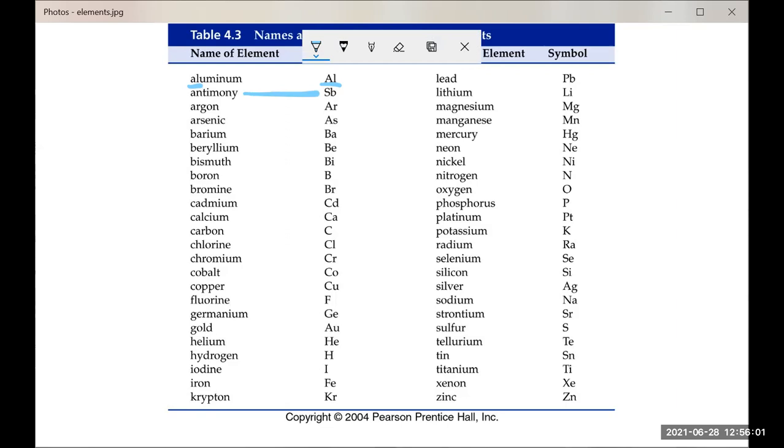Argon, Ar, that's pretty common. Arsenic, As. Barium, Ba, beryllium, these are not surprising. Bismuth, boron, bromine. But when we get down to here, gold, Au, for auric.